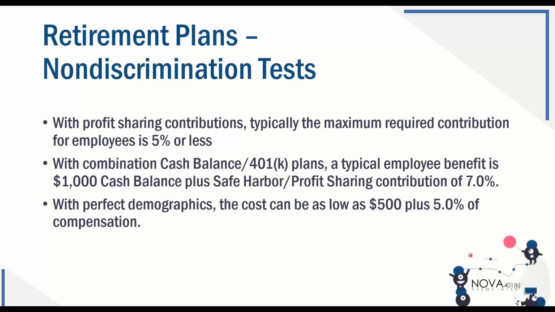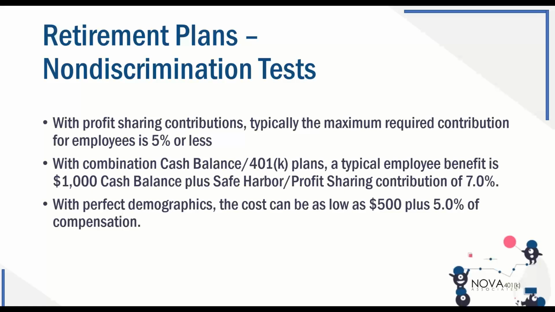So once we do the non-discrimination tests for a plan that has profit sharing contributions, usually the maximum for employees is 5%, sometimes less than that.